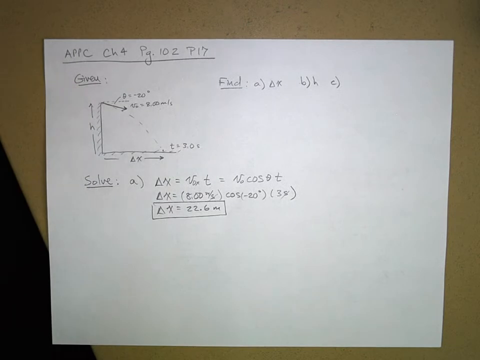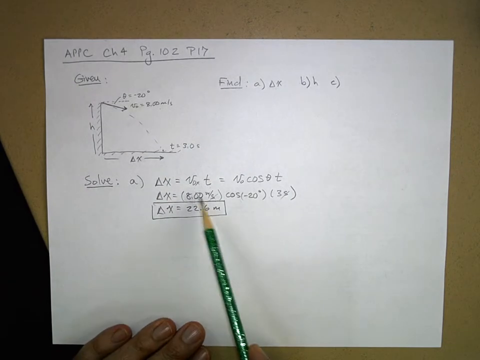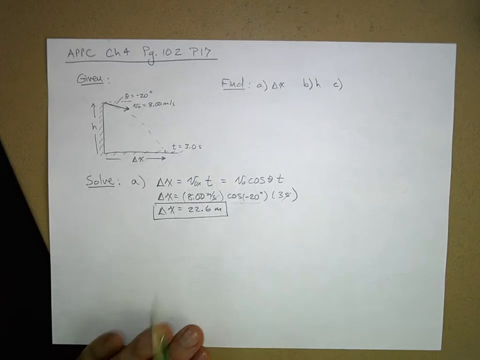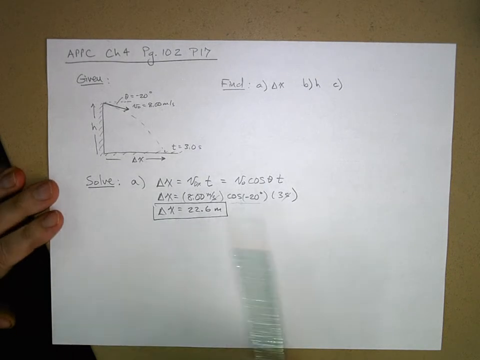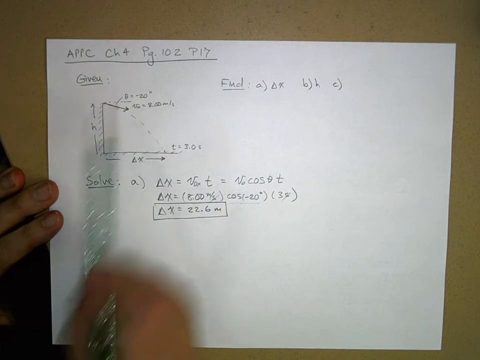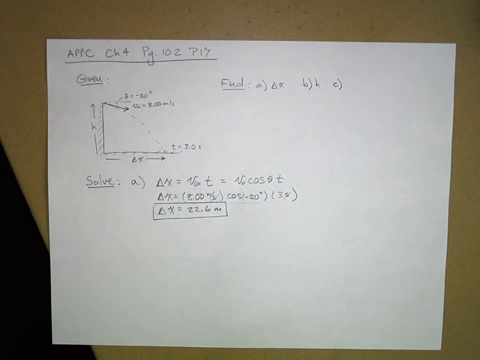Now, I think one mistake that some people made in this one is that this cosine is really important, right? You have to find the horizontal component. So when you write what mistake you made, you would say, the mistake I made was not using the horizontal component of the initial velocity.